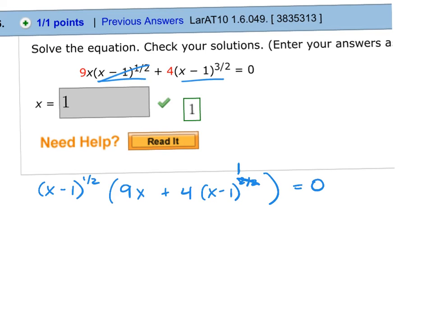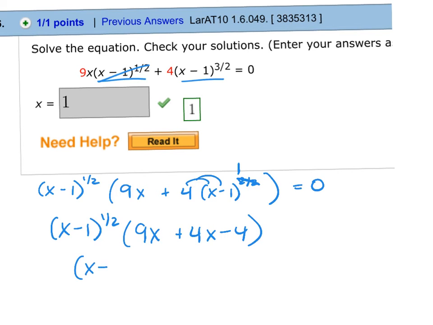This becomes to the first power, and I get (x minus 1) to the 1/2 times 9x plus, distribute this, 4x minus 4, and I get 13x minus 4.